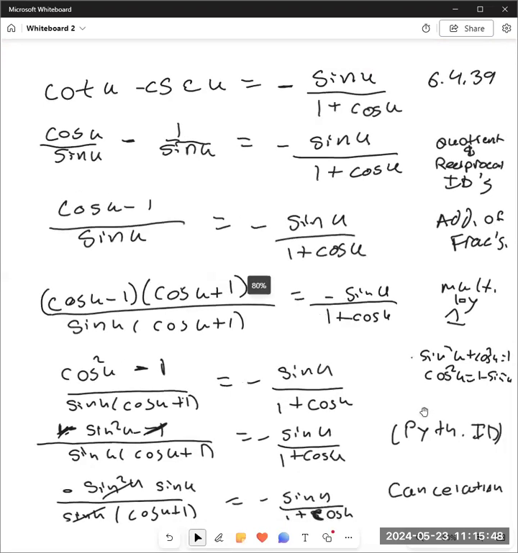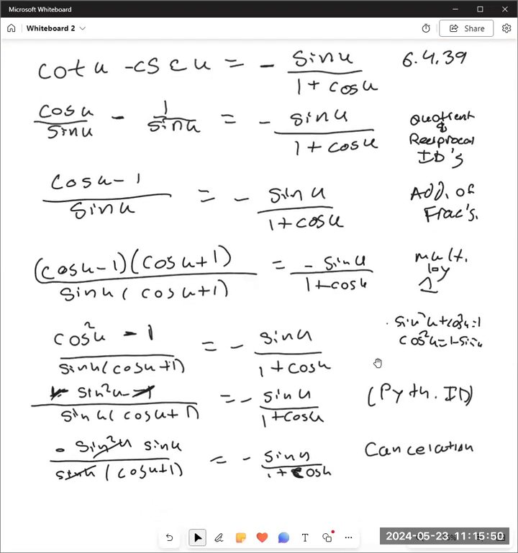I can just rewrite the last step here as negative sine u over cosine u plus 1, or here, let's do this, 1 plus cosine u equals negative sine u over 1 plus cosine u.